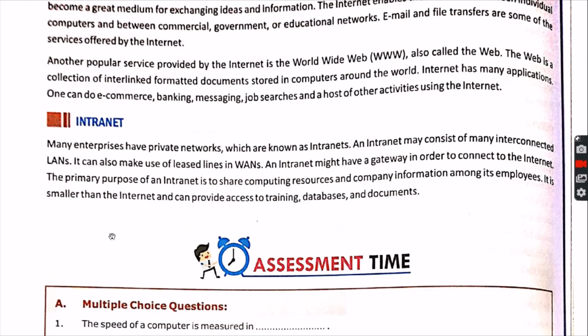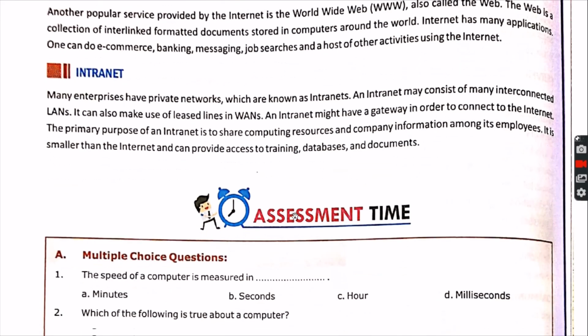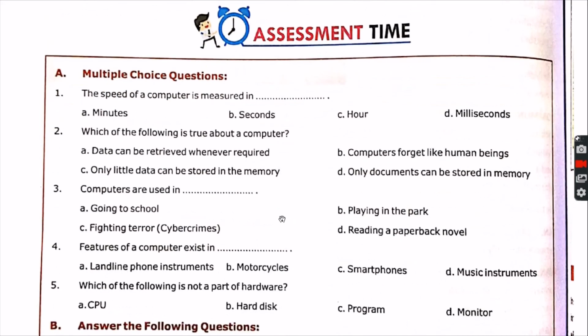And the intranet is a small network in comparison to the internet. The primary purpose of an intranet is to share computing resources and company information among its employees. It is smaller than the internet and can provide access to training, databases and documentation. So this is the difference between internet and intranet.